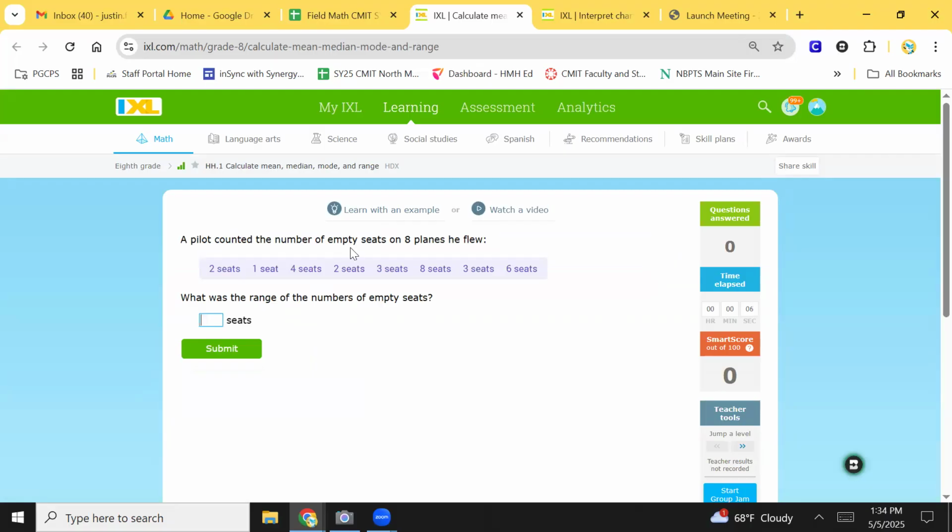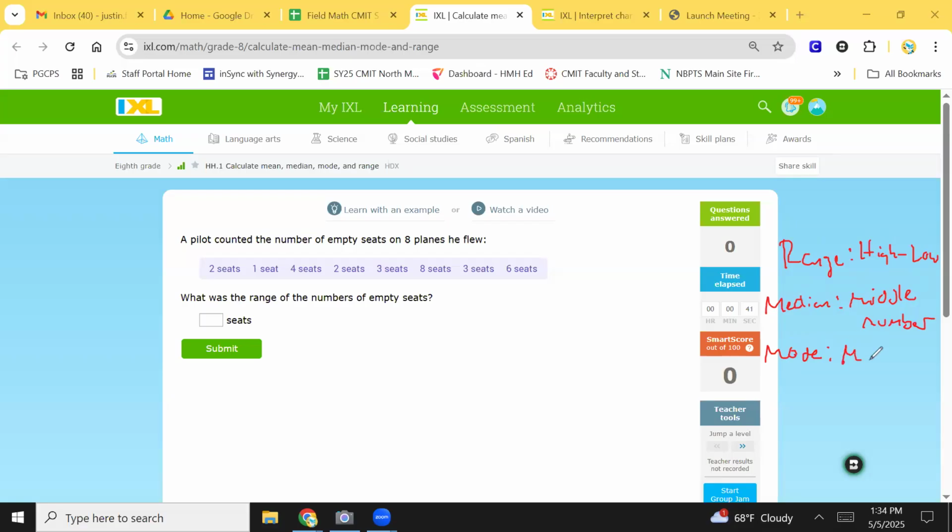A pilot counted the number of empty seats on a plane he flew. What was the range? Okay, so let's talk about our statistical measures. Range, that is high minus low. Median is the middle number. It should be review.